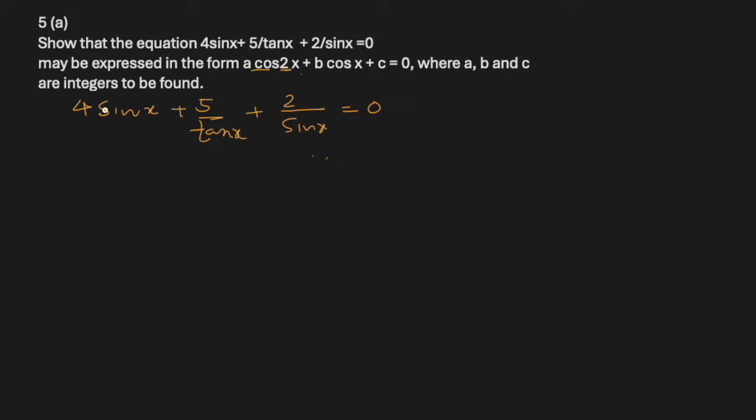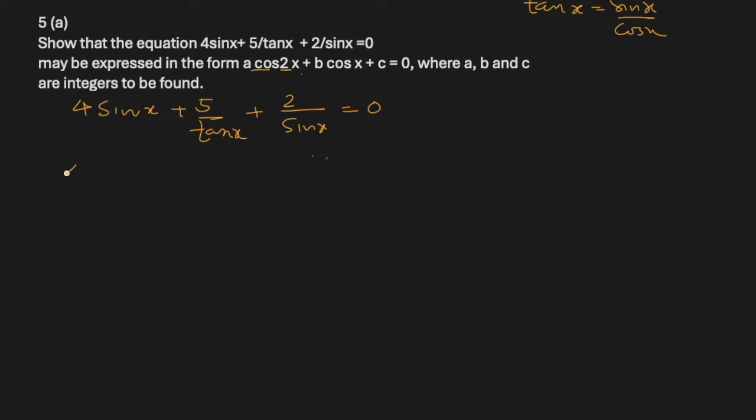Whenever we have such a situation, first we should convert tan into sin over cos, because this is an identity you should be aware of: sin x over cos x, so that both of them will have sin x.